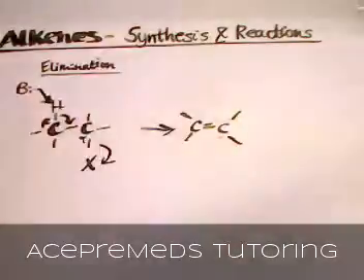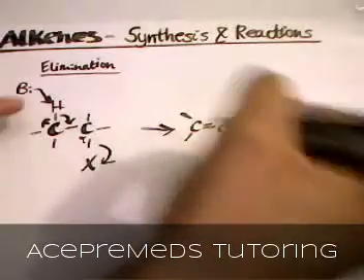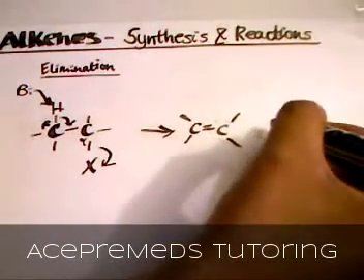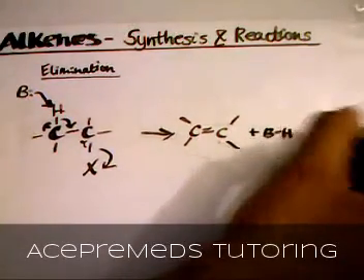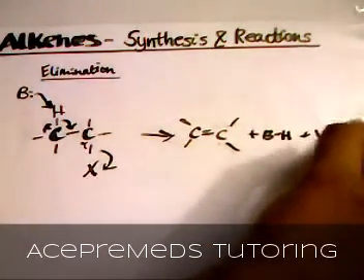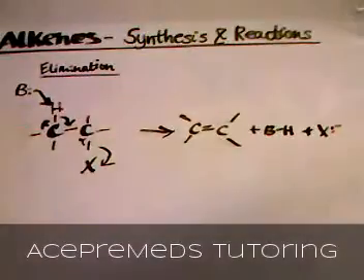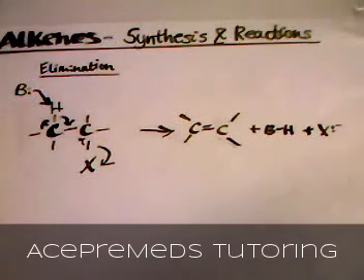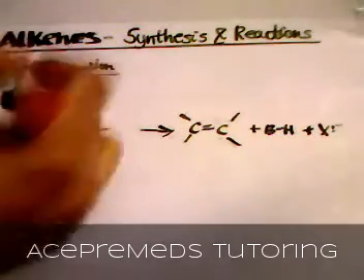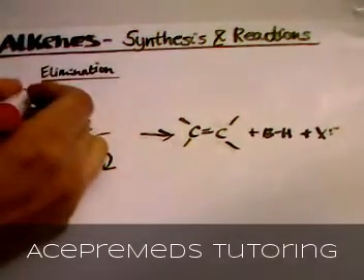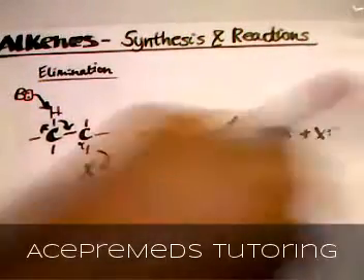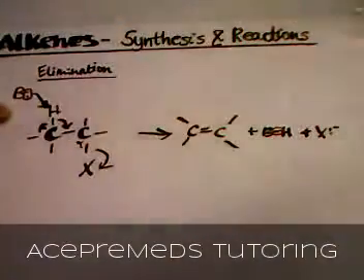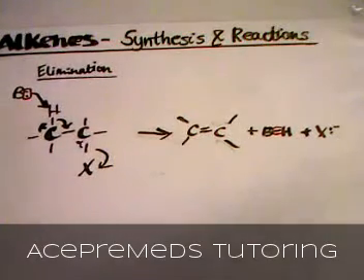The leaving group leaves with the electrons in the CX bond. As a result, we get a pi bond which has been created from the CH bond density, and we get the base bonded to the H plus the leaving group. I think it's really important for us to remember where the bonds are breaking, where the bonds are forming, where the electrons are moving. So the BH bond electrons are provided by the base.